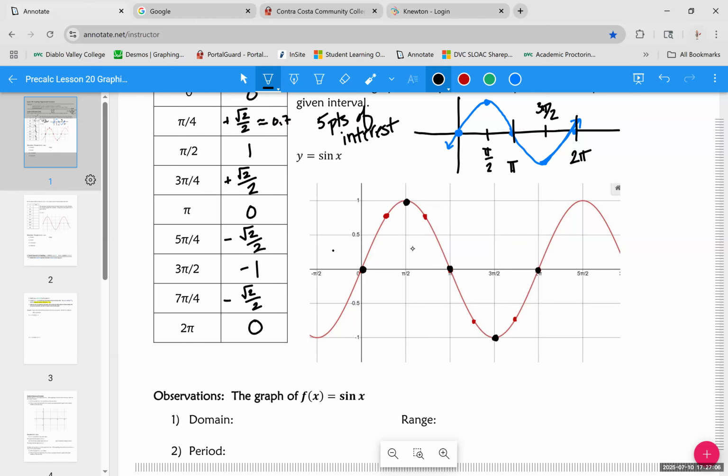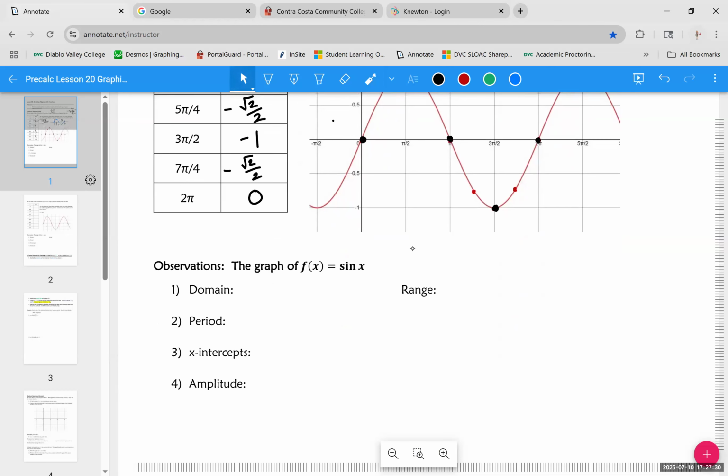So when you go to memorize this base graph, you don't want to think of it in terms of, oh, I have to make an X, Y table. You want to think of it in terms of these 5 points, starting at 0 for sine, going up first to 1, back to 0, down to -1, back to 0. That creates one cycle of the graph of sine.